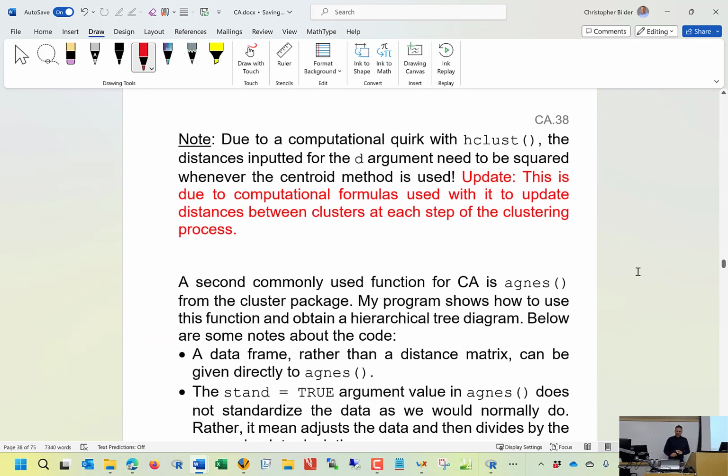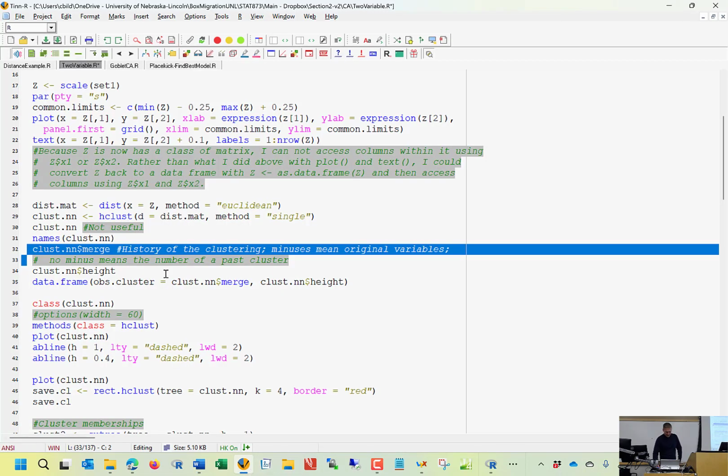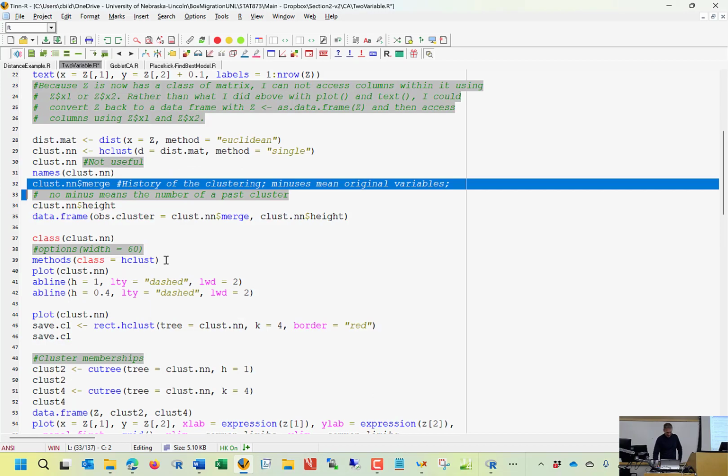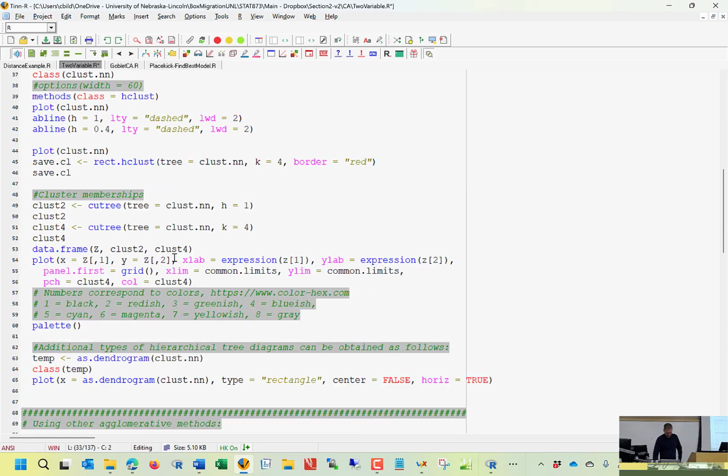Now, when you use the centroid method, this is something very odd. I haven't seen this in other software packages before. When you give the distances in each cluster, the distances need to be squared. Let me look at my program here.